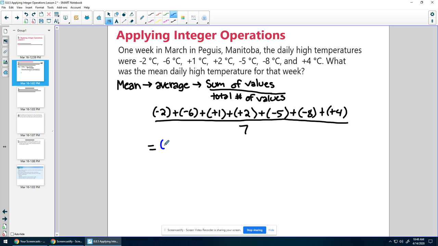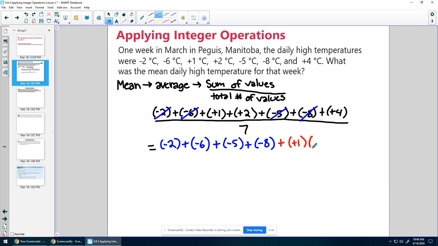So we have -2 plus -6, I'm just going to cross them out so I don't miss anything, plus -5 plus -8. So we have all of our negatives grouped.